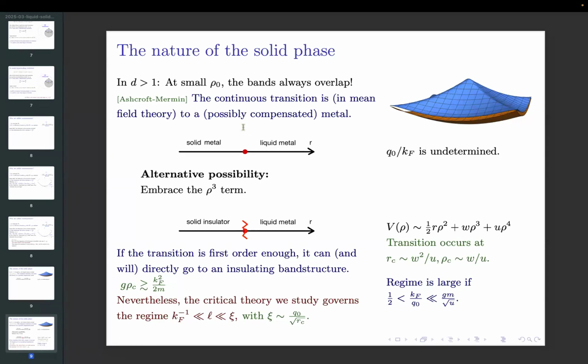So you jump to a band insulator, you're no longer at the critical theory. However, the critical theory that I'm going to talk about can still tell us something about behavior at length scales in between the correlation length that you get from the fact that it's weakly first order and the cutoff. So weakly first order transitions do have universal physics.